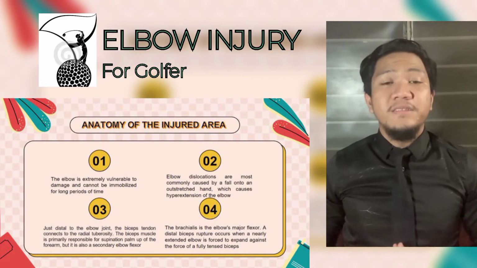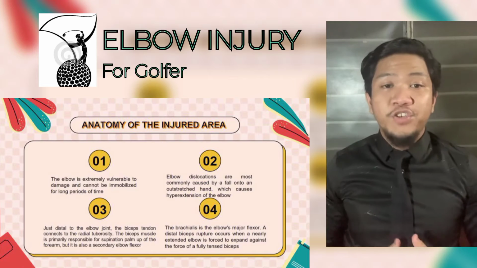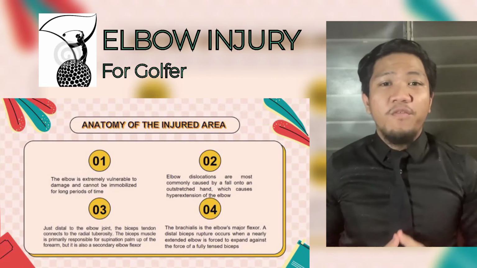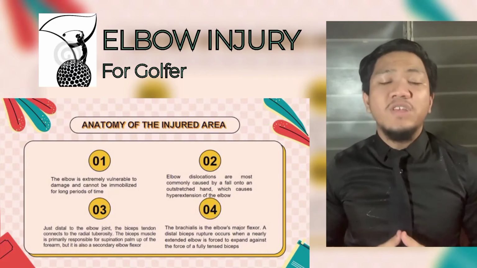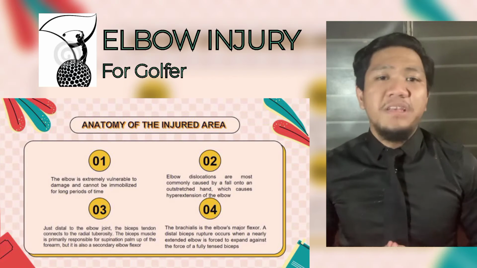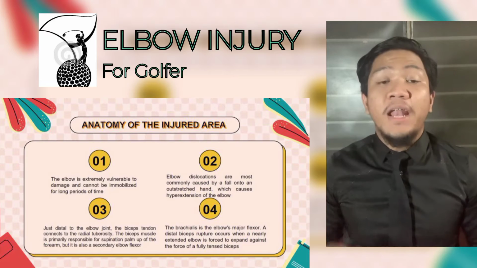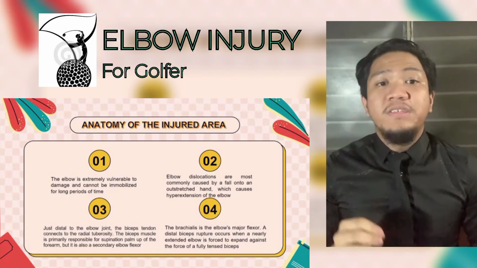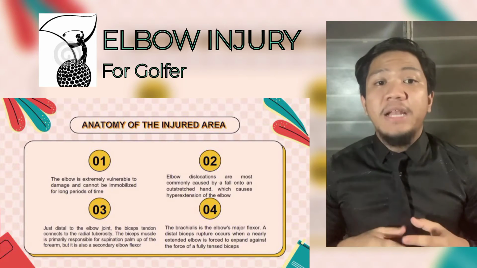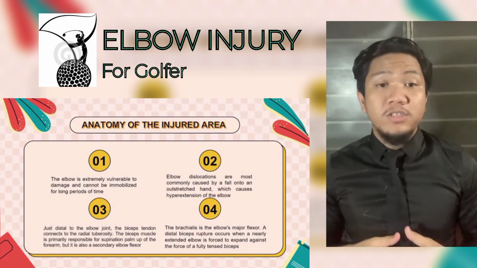Now, I'm going to be presenting about the anatomy of the injury area. The majority of elbow injuries occur as a result of trauma. A single traumatic event such as a high energy fall or chronic repetitive overuse can cause this. The elbow is extremely vulnerable to damage and cannot be immobilized for long periods of time.